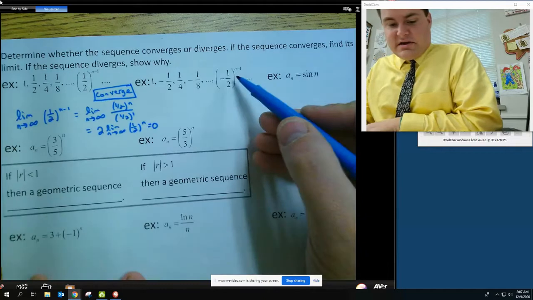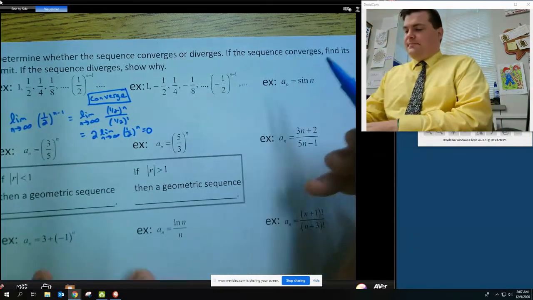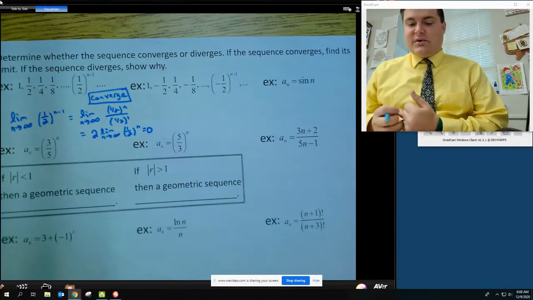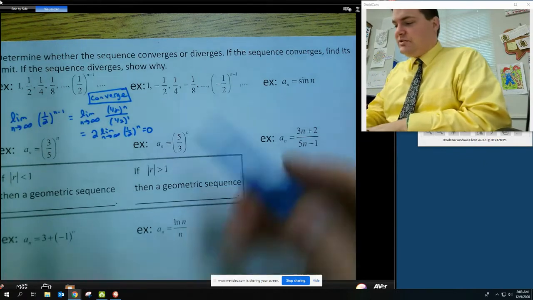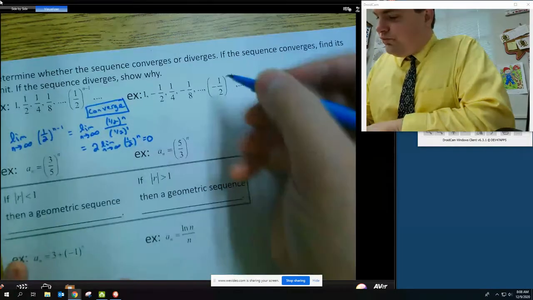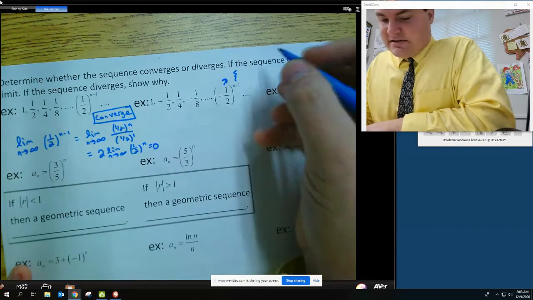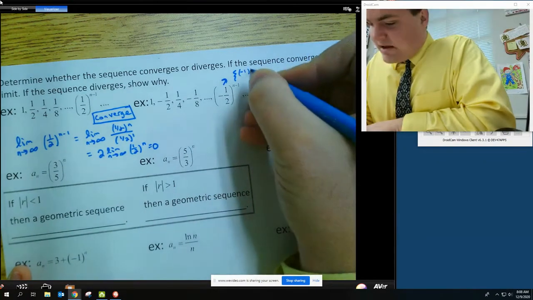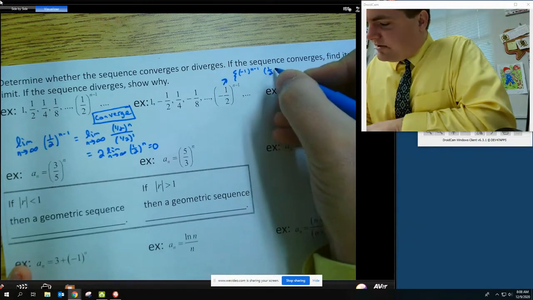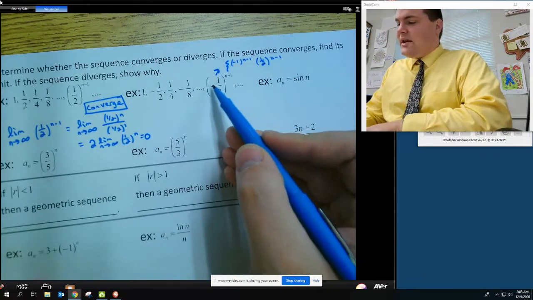The next one is almost exactly the same, except since you have a negative, you have to deal with whenever n is odd or when n is even. It's super similar to this one. Really what this is going to turn out to be is negative 1 to the n minus 1 times 1/2 to the n minus 1, because I'm taking out that negative 1 of that part.